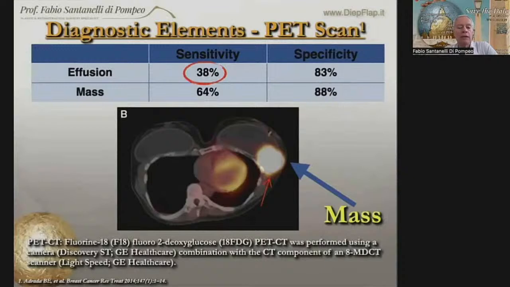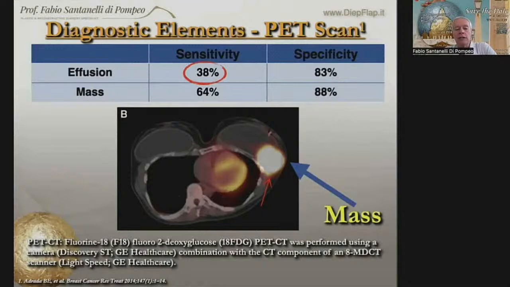So it should be noted that the metabolic component of the PET scan does not allow determination about the peri-implant effusion, whether it's benign or lymphoma related, because the cell density of the BIA-ALCL within the seroma is too low to get an effective positron signal by the exam.